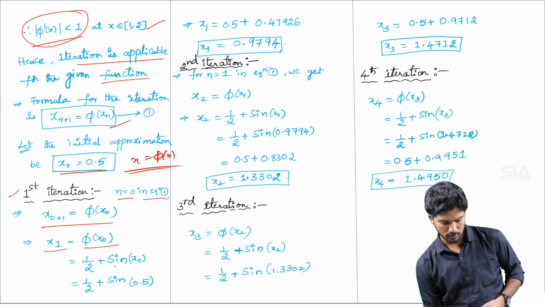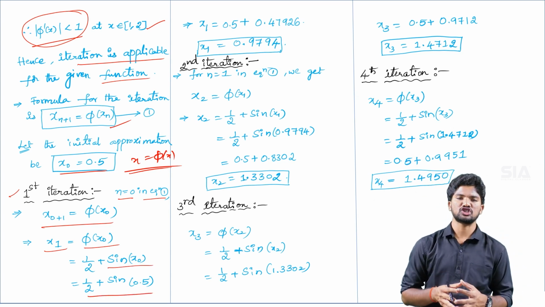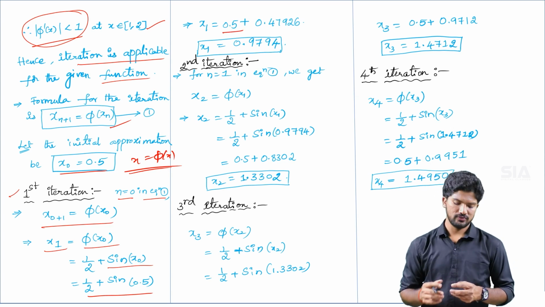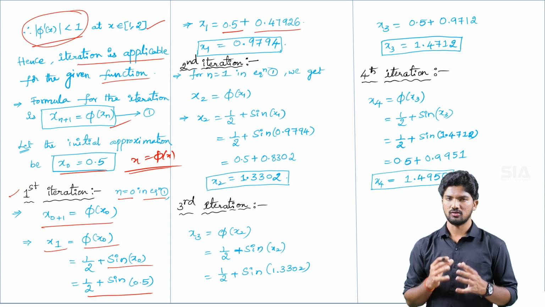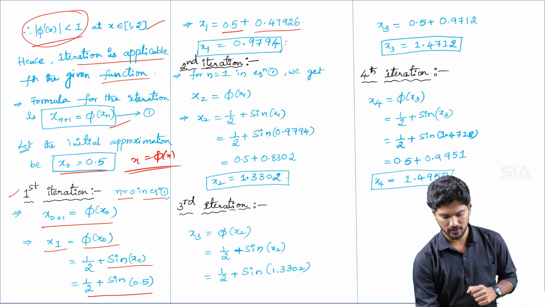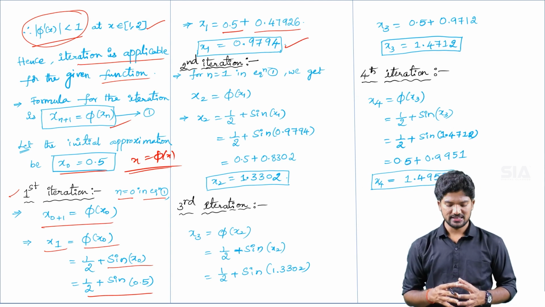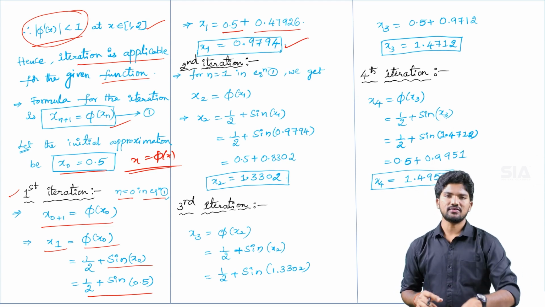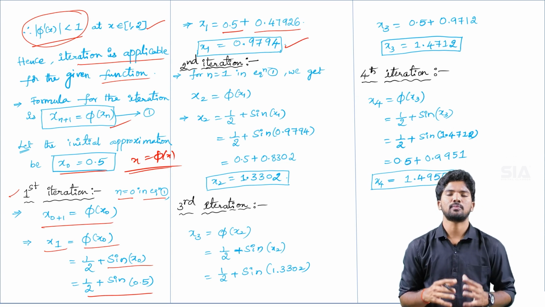So therefore 1 by 2 plus sin x naught, that is 1 by 2 plus sin 0.5. So 1 by 2 in the decimal format is 0.5 and sin 0.5 value is 0.47926. Okay, you have to calculate with the scientific calculator. So therefore, by adding them, you will get x1 is equal to 0.9794. This is the first iteration. Okay, so how did you get that first iteration? By assuming x naught is equal to 0.5.